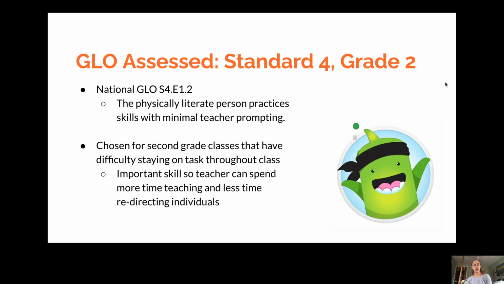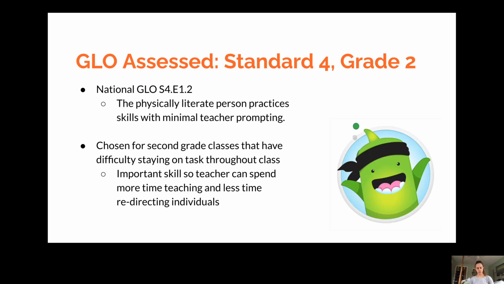The grade level outcome that I am assessing using this app is Standard 4 for grade 2, in the SHAPE America National Standards, the Society of Health and Physical Educators.